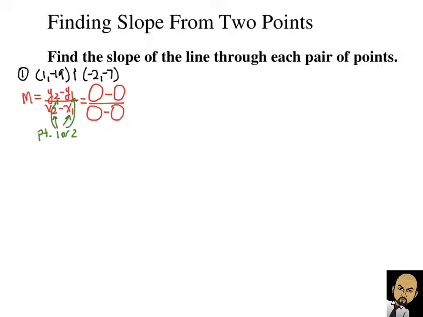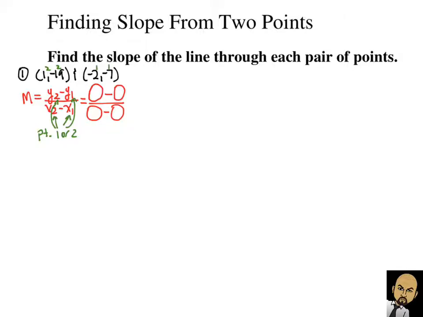You have to choose whether the first point is going to be point number 1 or point number 2. It doesn't matter which one you label point 1 or point 2, but I like to label the first one point 2. So I'm going to label the first one point 2 and the second one point 1.